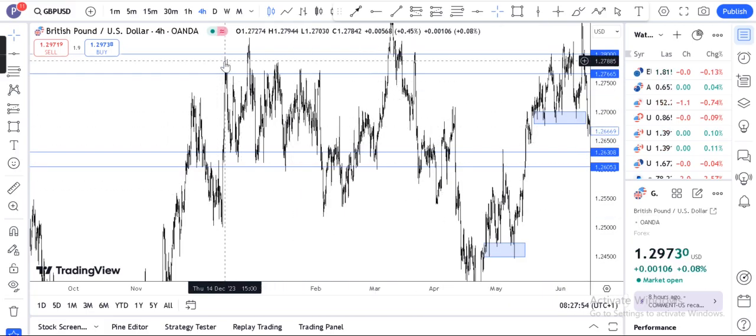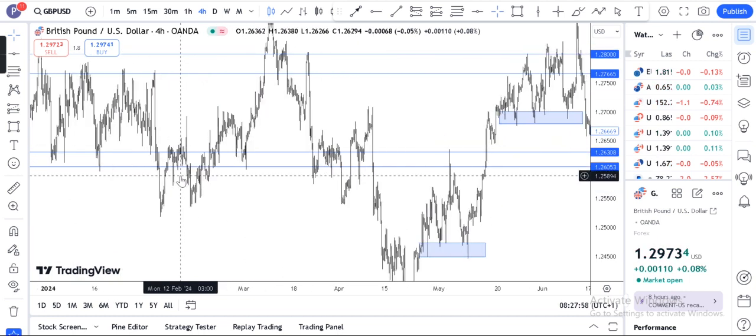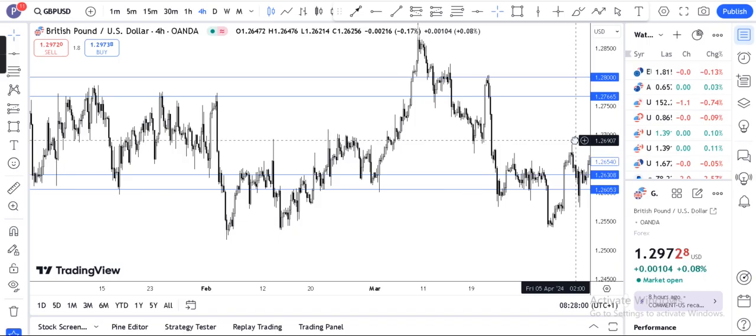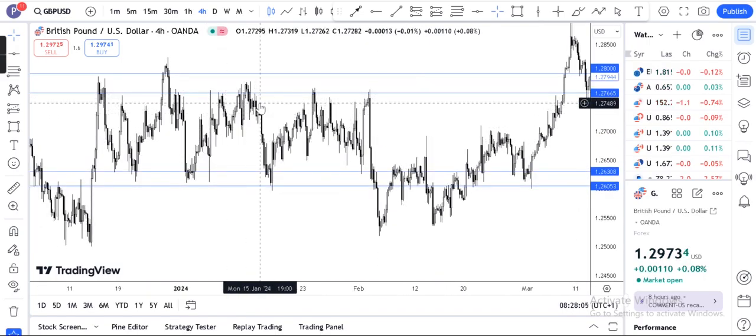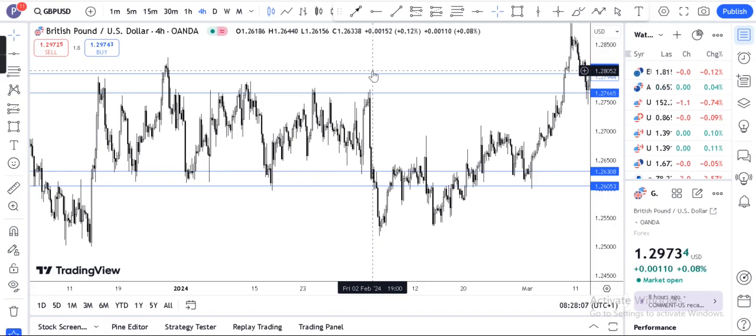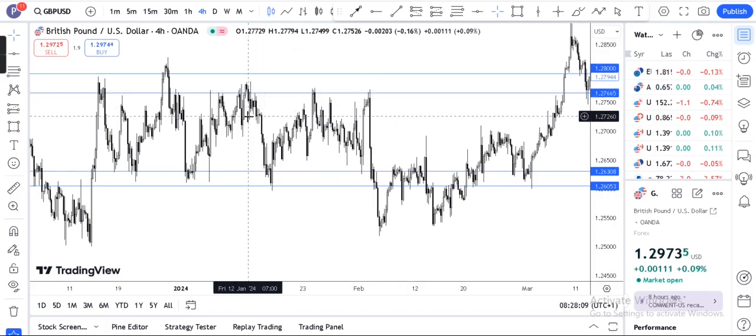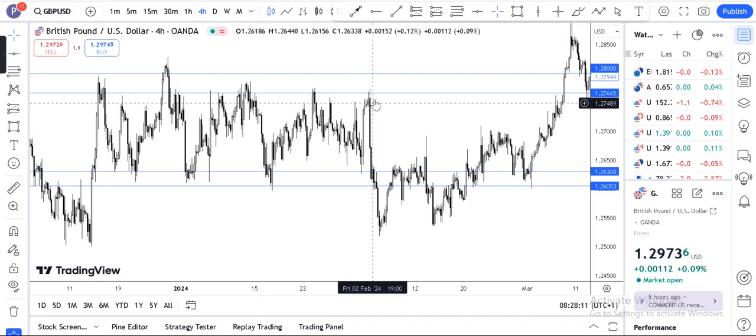You can see the market got into the support, it dropped, got here, it pushed up. So it's a strong level. This level is basically a strong resistance level. That is what we have for the marking of support and resistance levels.